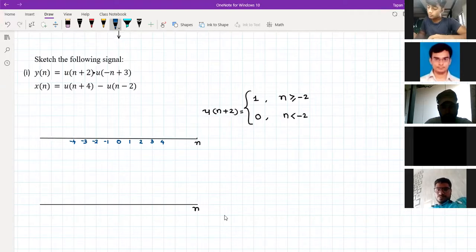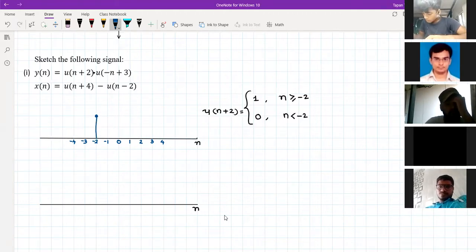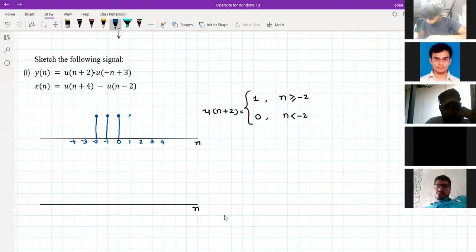So n plus 2 means it starts at minus 2, minus 1, 0, 1, 2, 3, and so on.